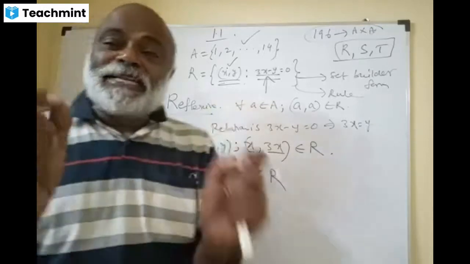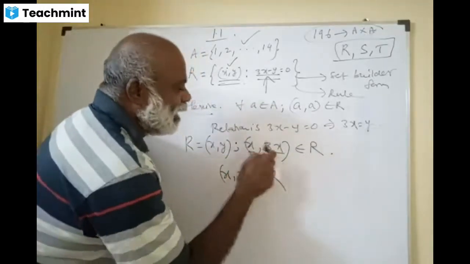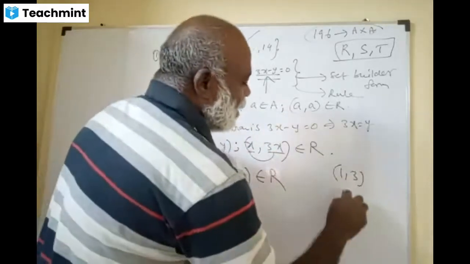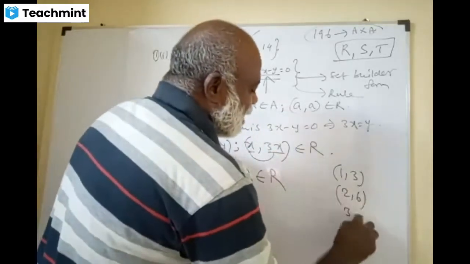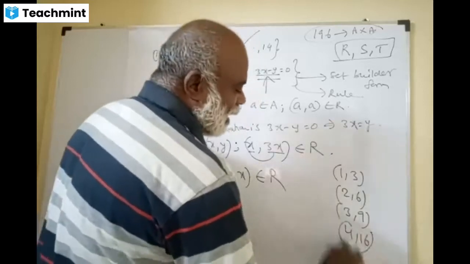What type of elements will belong to R? Only this type: say (1, 3), (2, 6), (3, 9); (4, 16) is not there, leave it.